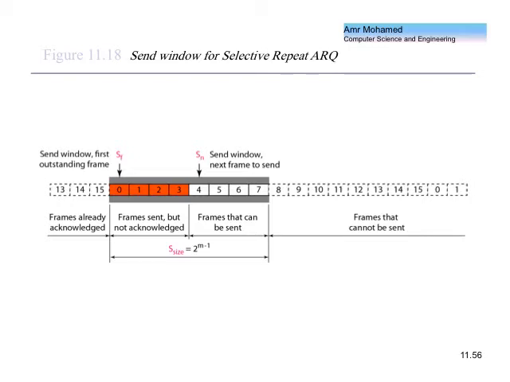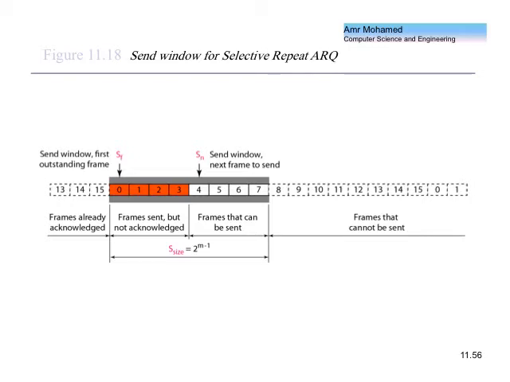So, which means that the receiver will not have one pointer that points to one location and always expects this frame.